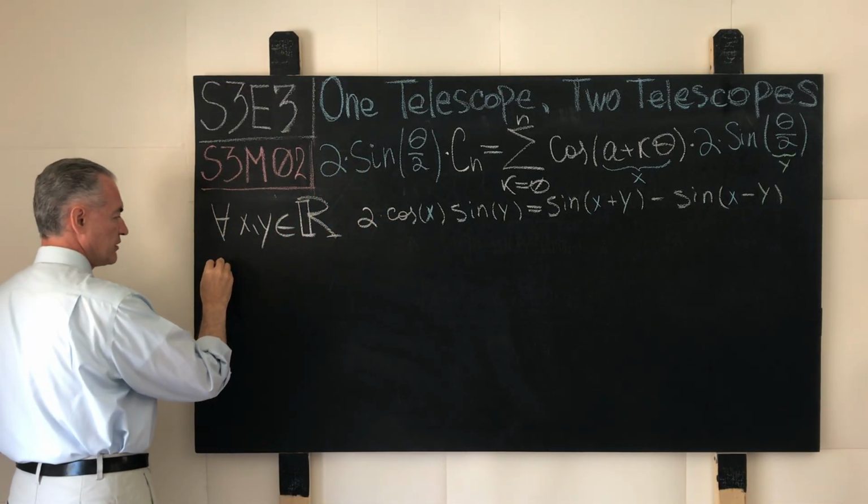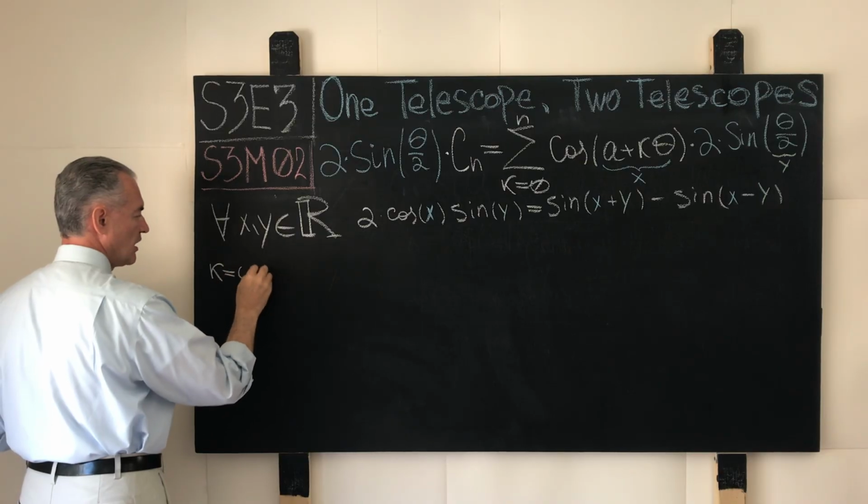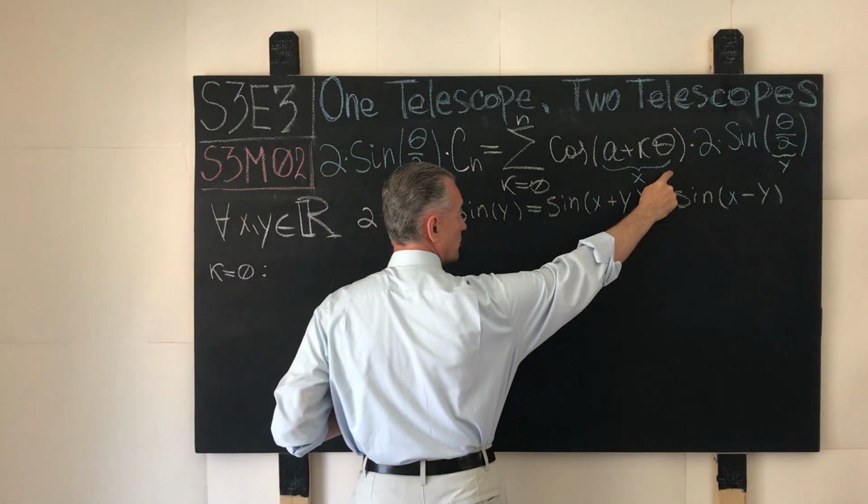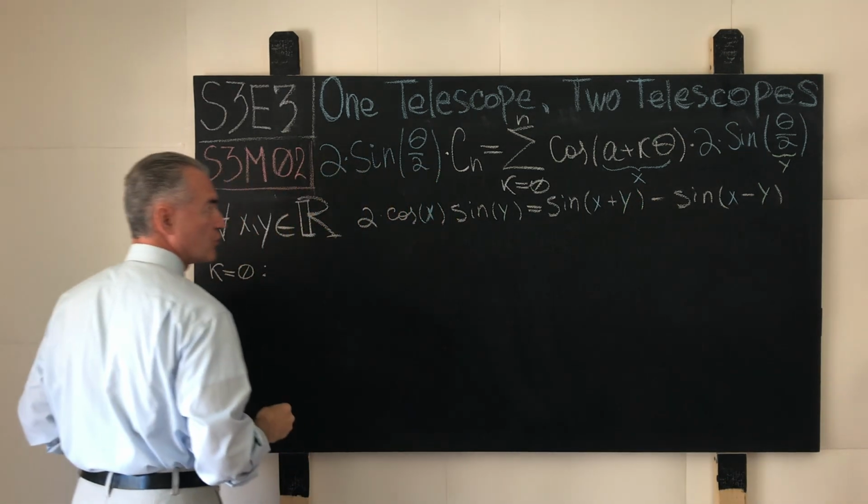That task is mechanical, so for k equal to 0, what will we have on the right hand side of the equal sign for the first summand?